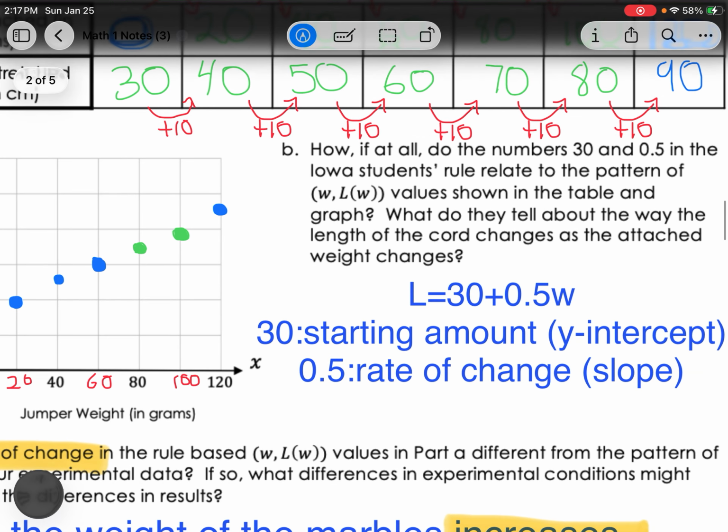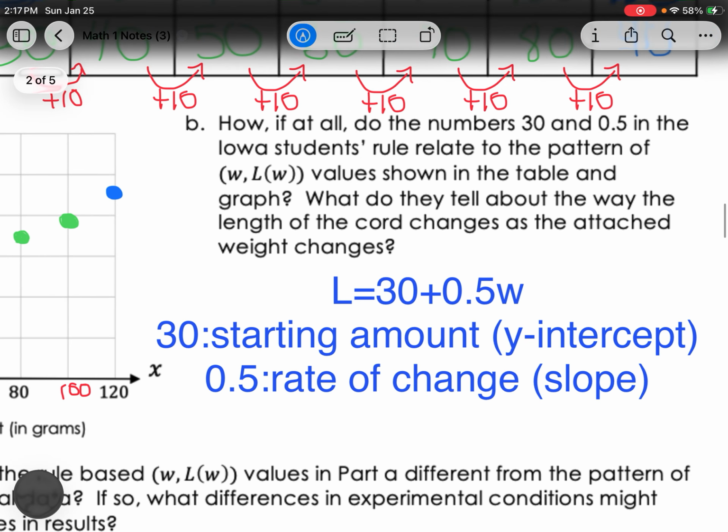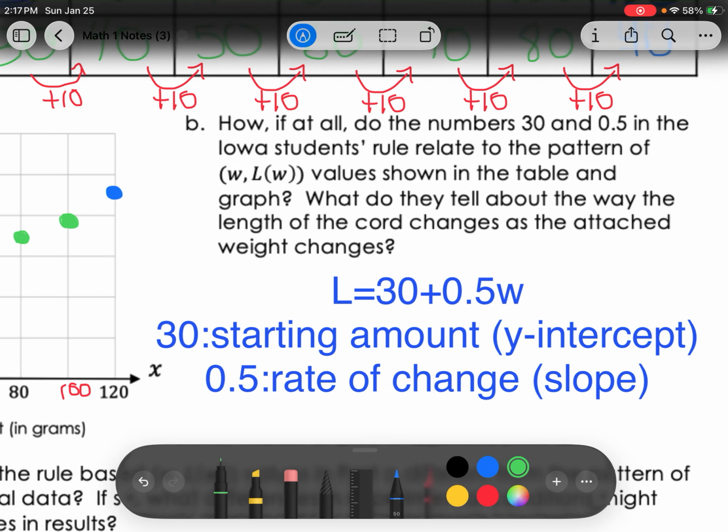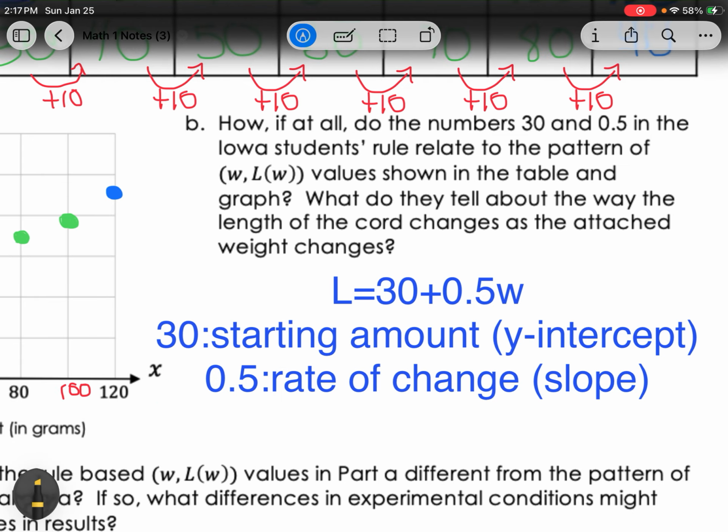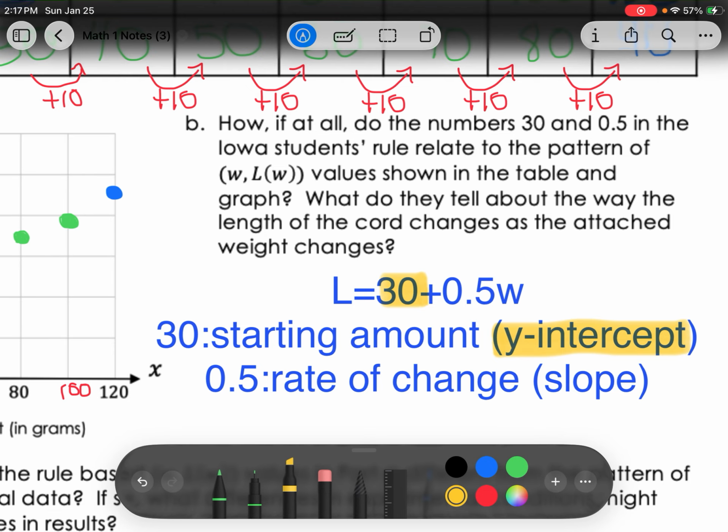We are able to label this equation L equals 30 plus 0.5 W, where 30 is our starting amount, or our y-intercept. And the 0.5 represents our rate of change, or you can think of it as your slope. We're going to be talking more about that as we continue this lesson, but I just wanted to give you a heads up.